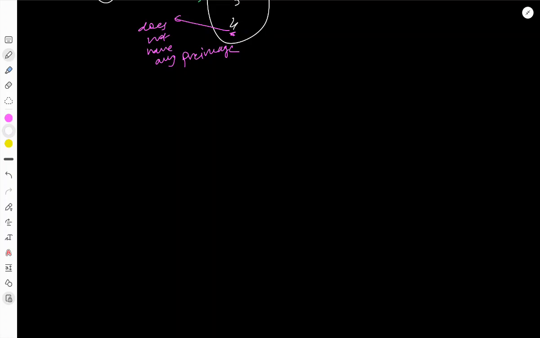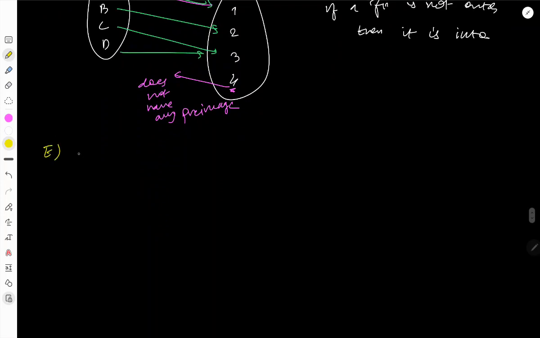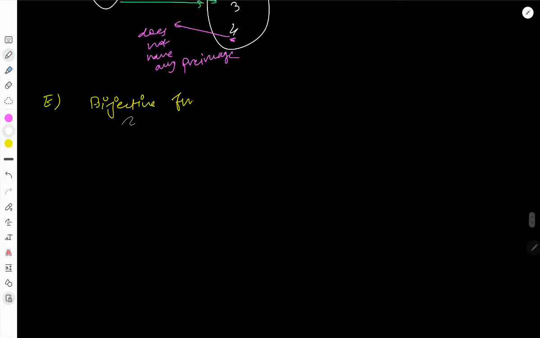So now let us understand another type of function, that is the fifth type, bijective functions. A bijective function is a function, the word bi means two. So what are those two conditions?